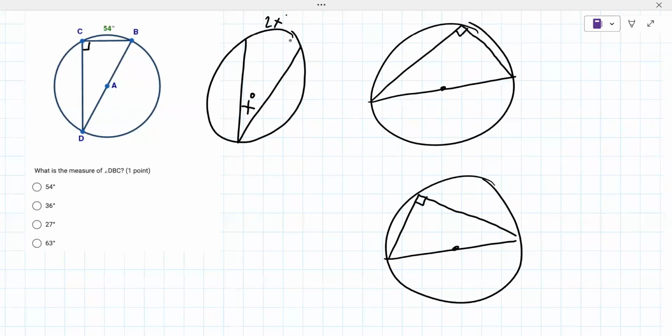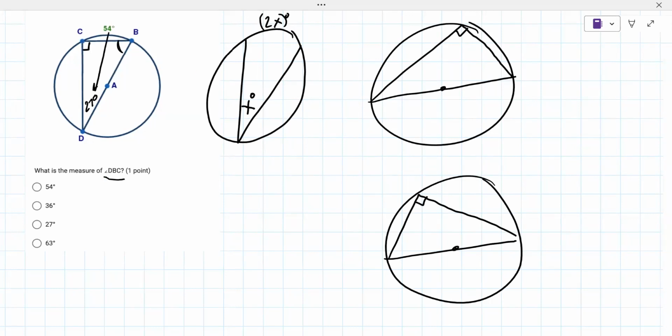This right here is 2x degrees. So this 54 means that this one down here is 27 degrees. But that's not the answer, because they want D to B to C. B to C is up here, and that's where you need to know that this is a 90-degree angle so you can find the missing angle there.